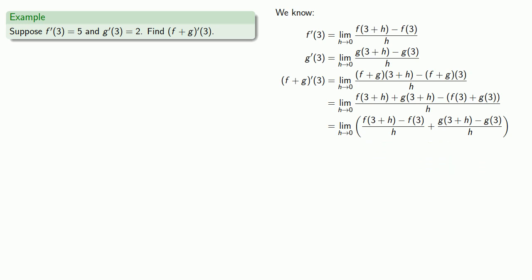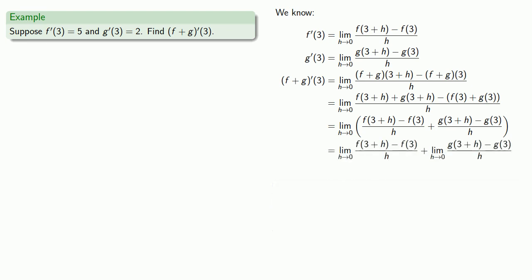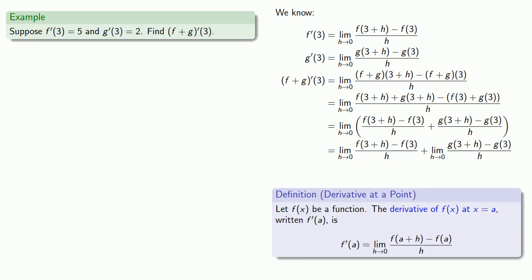And because this is the limit of a sum, then I know that I can find its limit by finding the two limits and adding them together. But wait, there's still more. Bringing back our definition of the derivative, we see that this first term is actually the limit form of the derivative of f at 3.